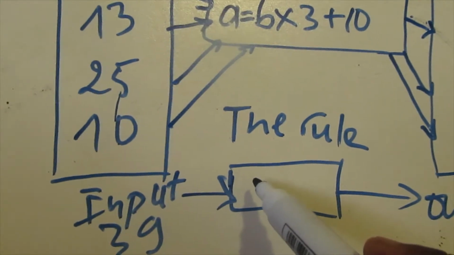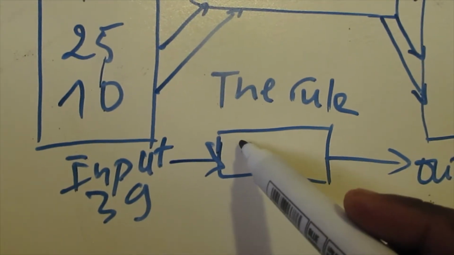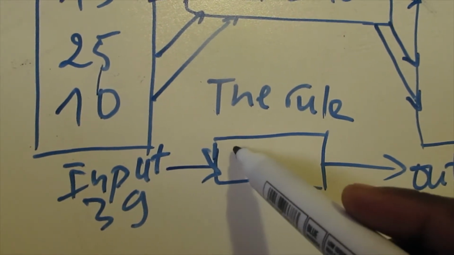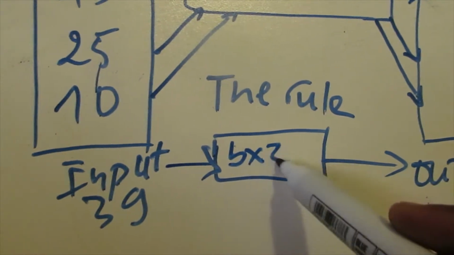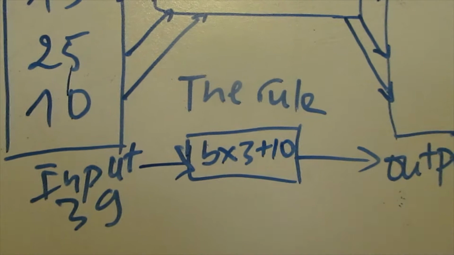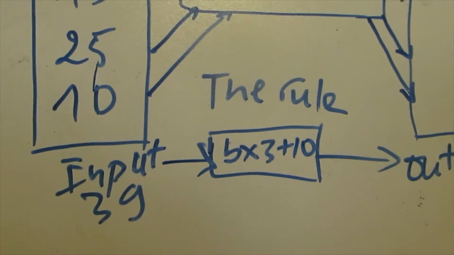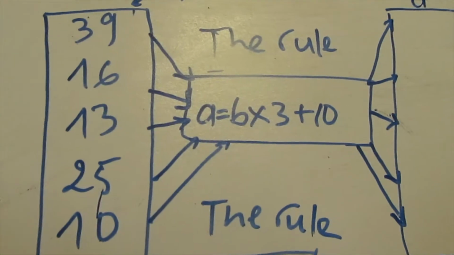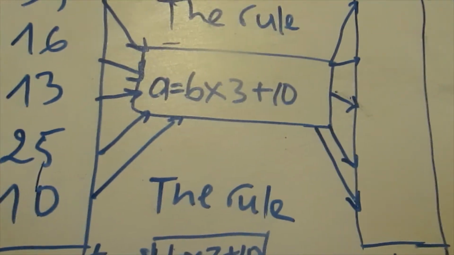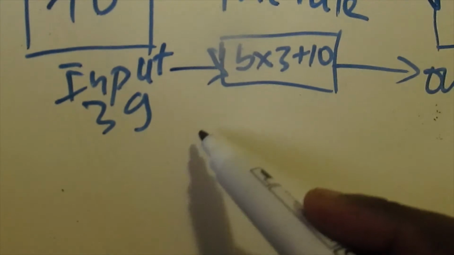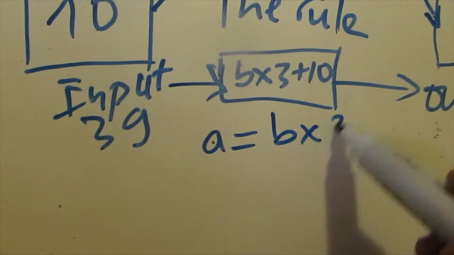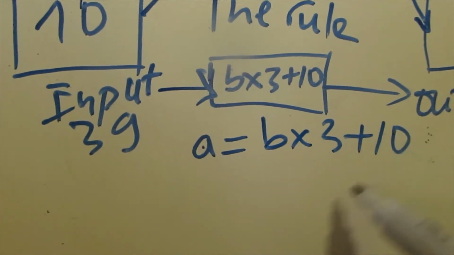So our rule inside here, they can say, our rule is B times 3 plus 10. It's also the same thing, so that we can get our output. So in this example, to find our output A, we go as what they gave us. They say A equals B times 3 plus 10.